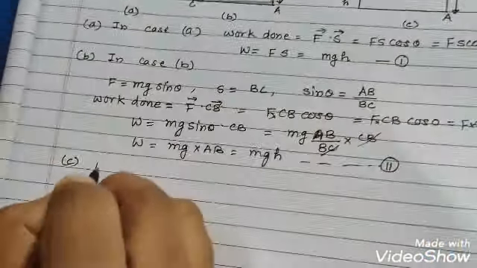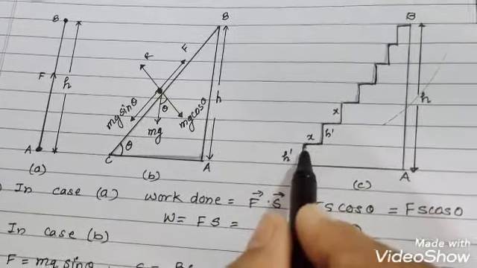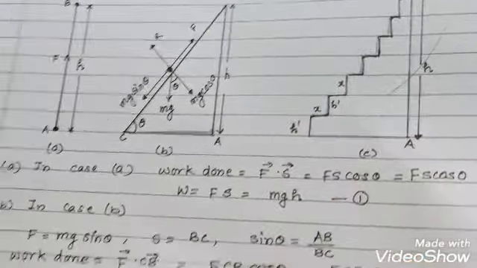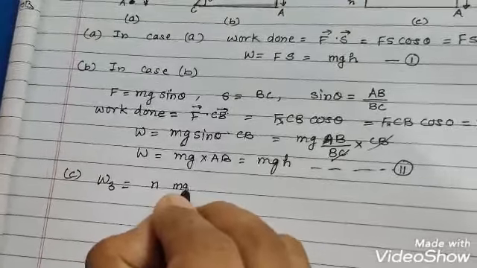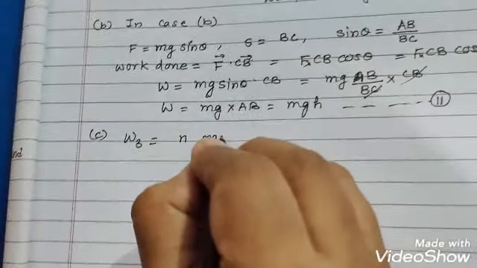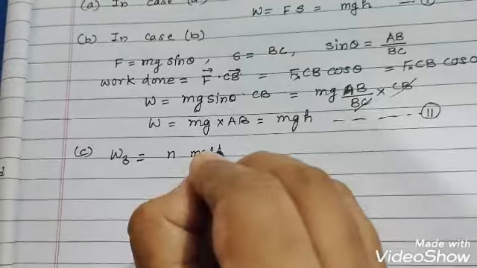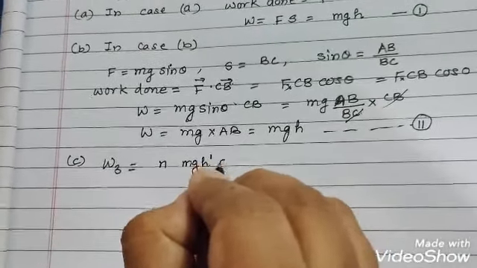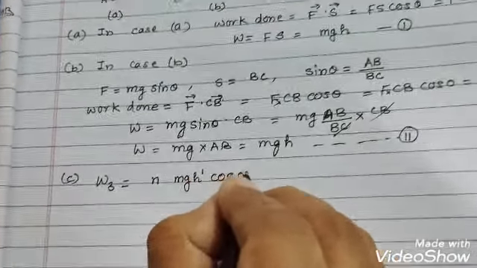This is W3, and it is n times the work done when it is vertically displaced. Look here: the force is working in the perpendicular upward direction and the displacement is also perpendicular upward, to shift the body. So the angle between them is 0. The force is actually mg, the displacement is h dash, and the angle between them is 0, so it is cos 0.